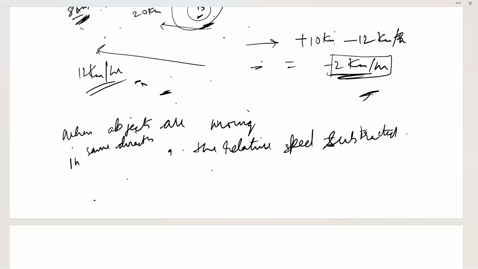So in this case, the relative speed of A with respect to B will be 12 minus 10. This is 2 kilometer per hour.